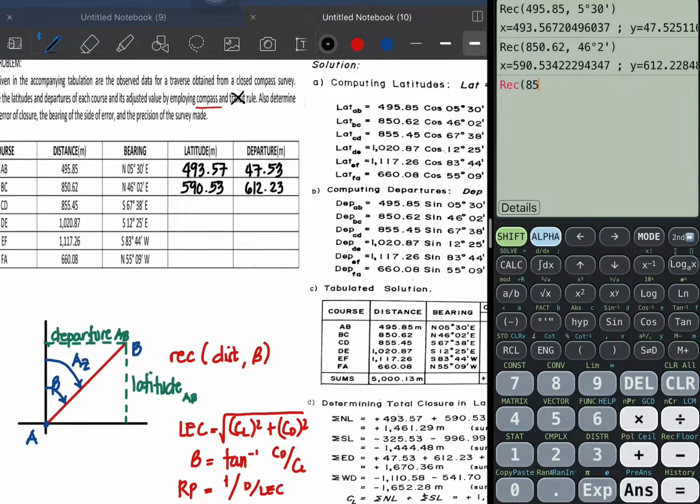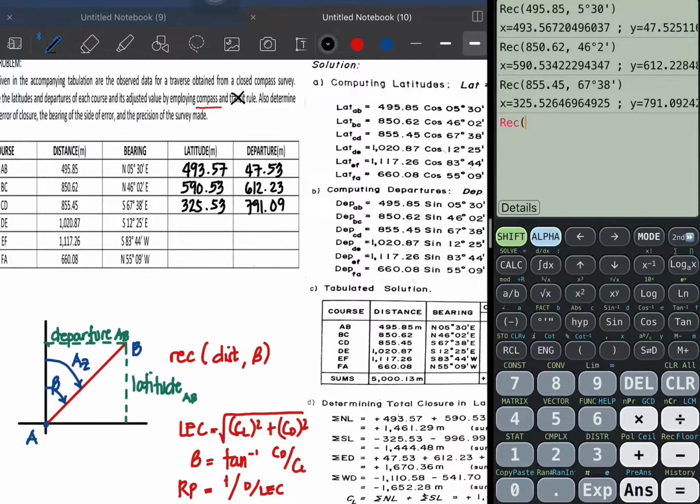Next line is 855.45, comma, 67 degrees 38 minutes. So that is 325.53 and 791.09.